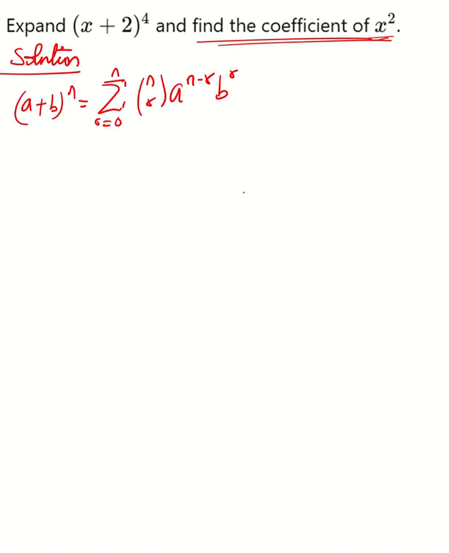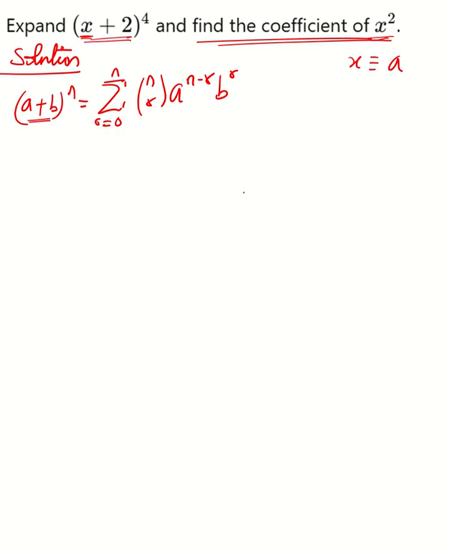To calculate the coefficient of x squared, we find the term where x is the first term, which means x is equivalent to a in the expansion formula. When you compare (x + 2) with (a + b), x is equivalent to a.